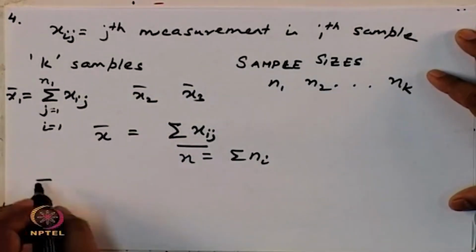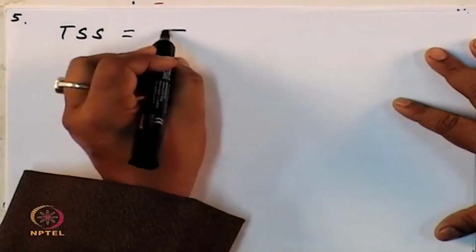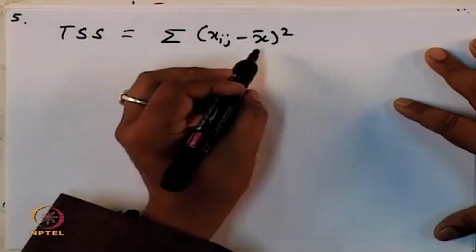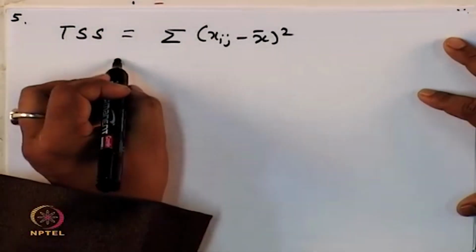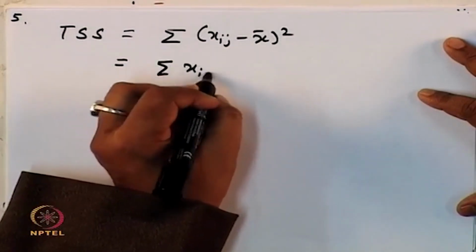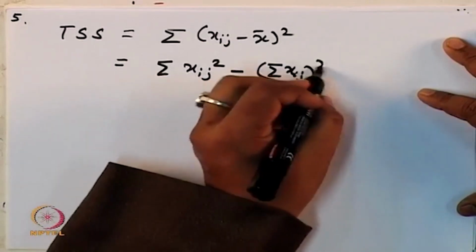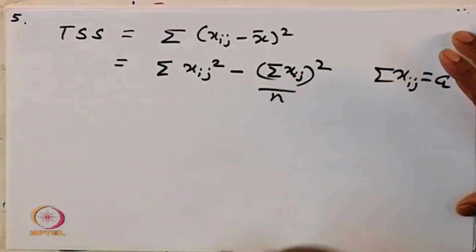Okay. So, you calculate few metrics, let me write it in the next page. So, you calculate something called TSS, or total sum of squares, and you define this as summation of xij minus x bar whole square. Okay. So, x bar is the average of all the samples together. Okay. So, you can expand this and write this as summation of xij square minus summation xij whole square by n. Okay. So, summation xij is equal to G. Okay.